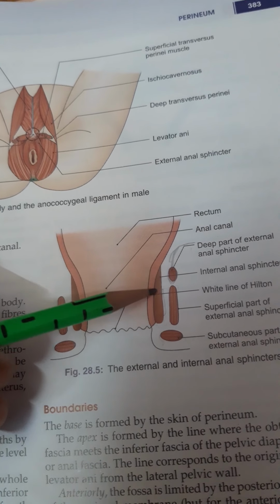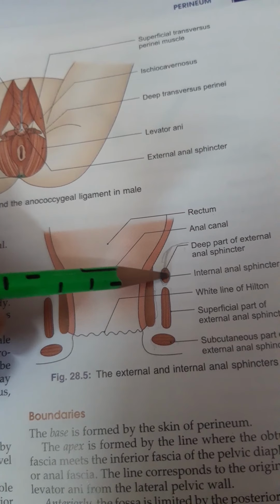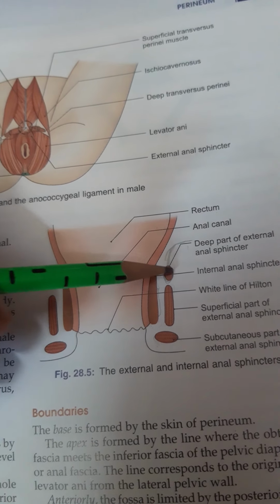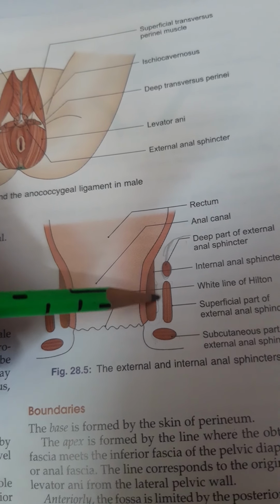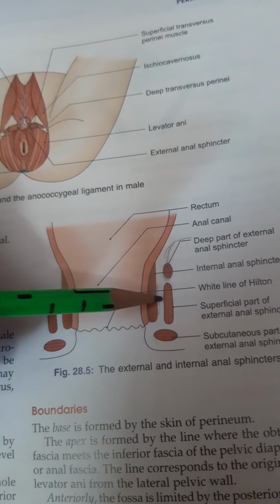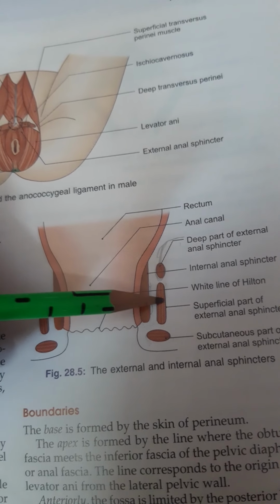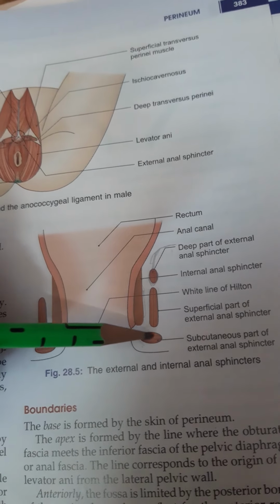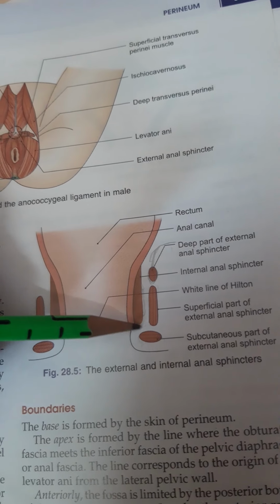This is the upper part of the internal anal sphincter, and the upper part of the external anal sphincter lies near it, and the lower part of the internal anal sphincter, just close to it lies the middle part or the superficial part of the external anal sphincter, and the subcutaneous or the lower part of the external anal sphincter just lies below the internal anal sphincter.